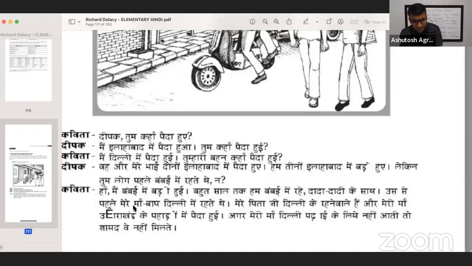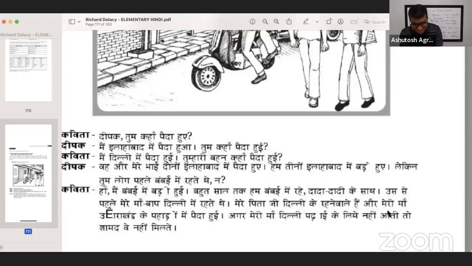Before that, my mom and dad lived in Delhi. मेरे पिताजी दिल्ली के रहने वाले हैं. My father is from New Delhi, or he lived in Delhi. He's a resident. A Delhi resident. There you go.